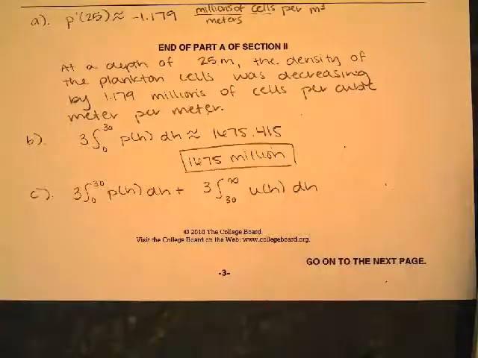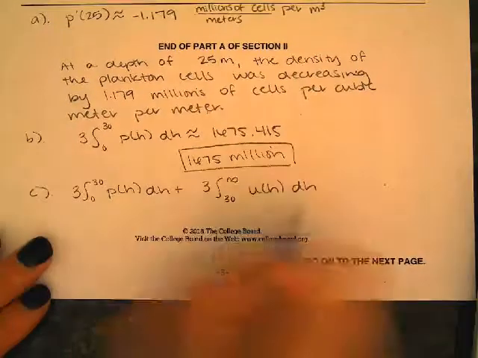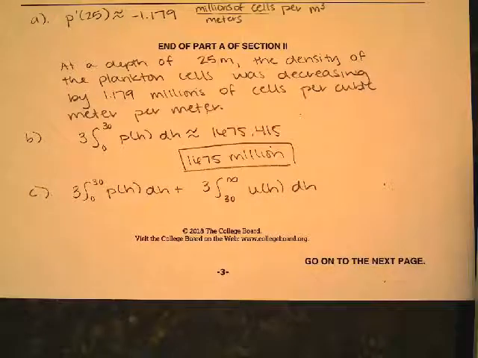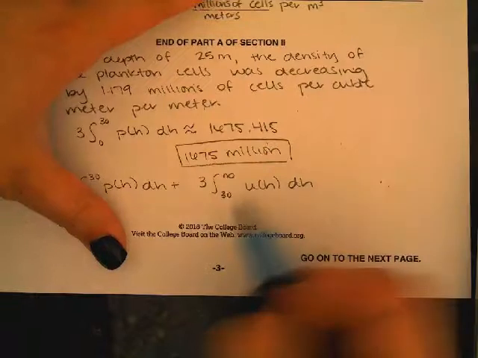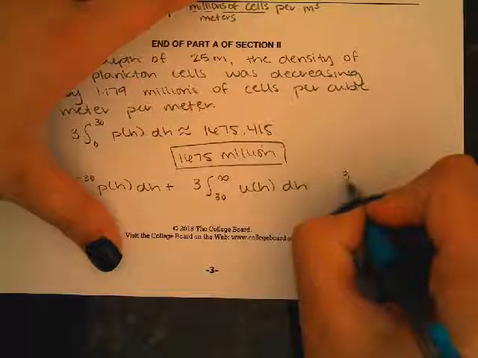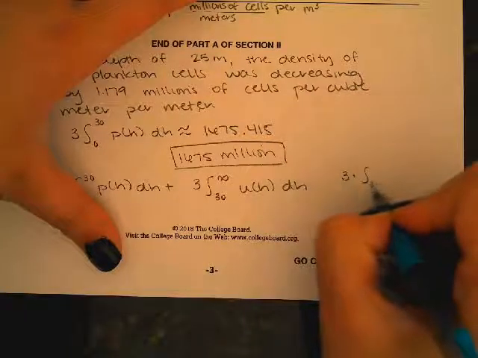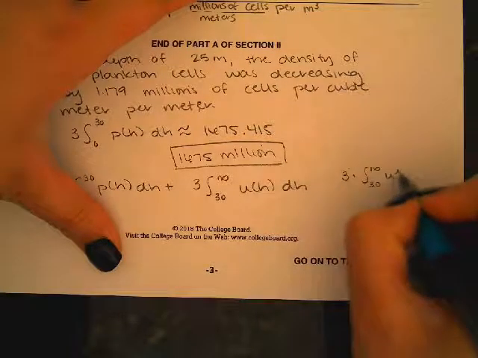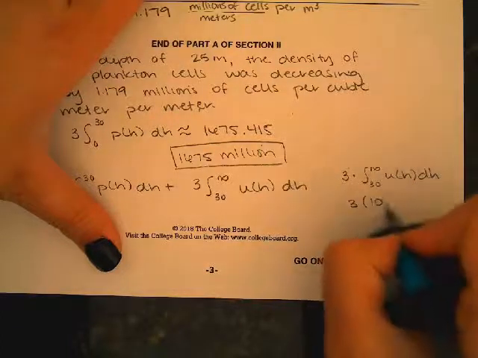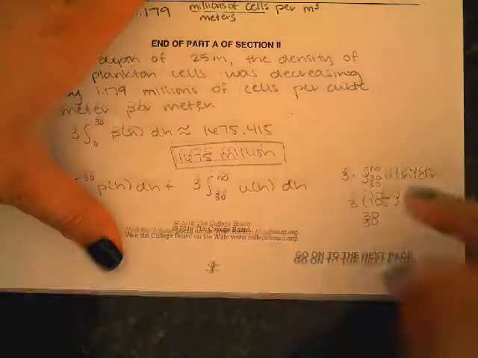Then they ask us to do a little bit more work. They said, explain why the entire column number has to be less than or equal to 2,000 million. The way we can figure that out is that 3 times the integral from 30 to infinity of U of H dH is 3 times 105, which is 315.